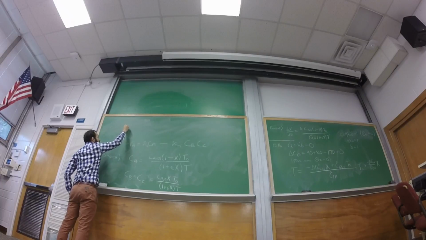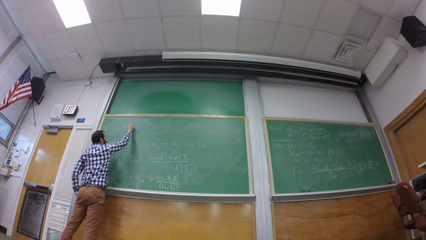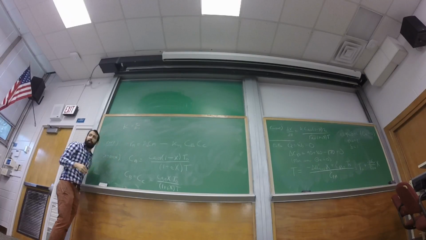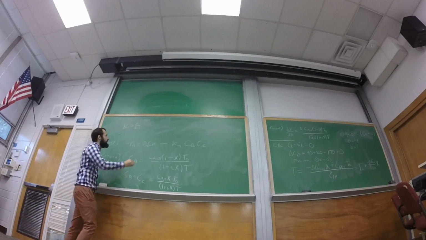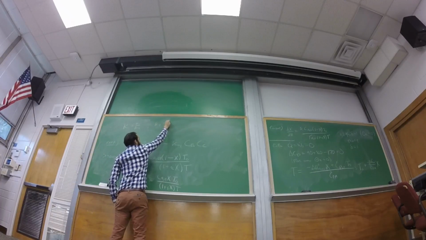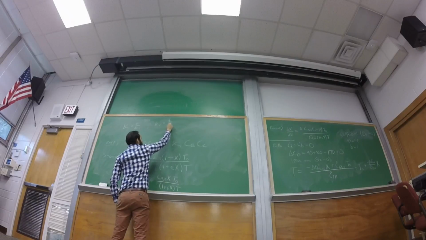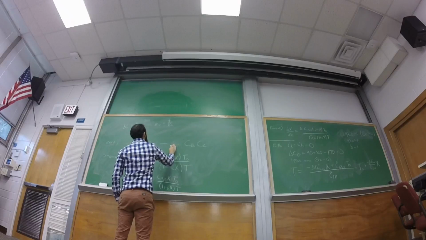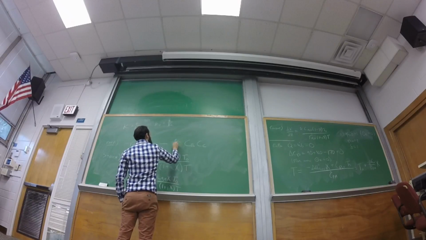But Kc is equal to the forward rate constant divided by the reverse rate constant. So I can rewrite the reverse rate constant as the forward divided by the equilibrium constant. And I'm going to substitute that in right here.